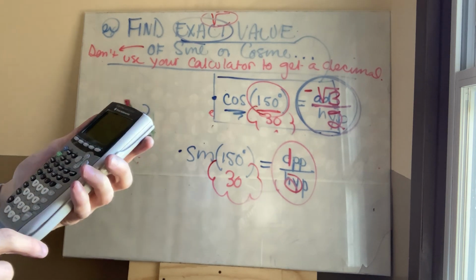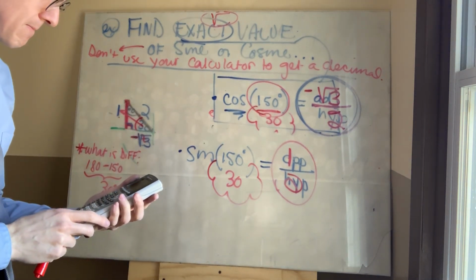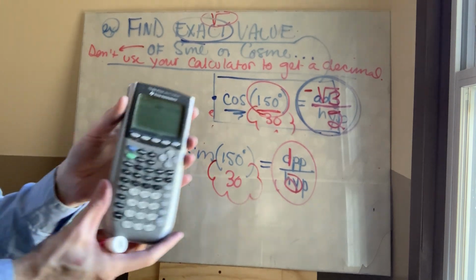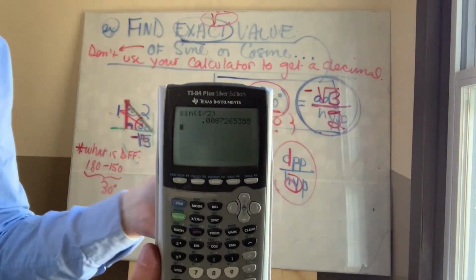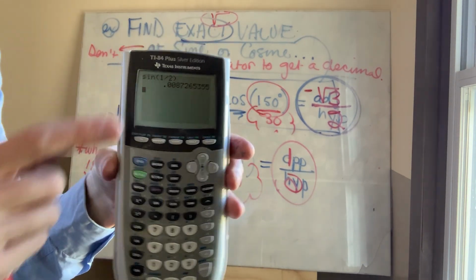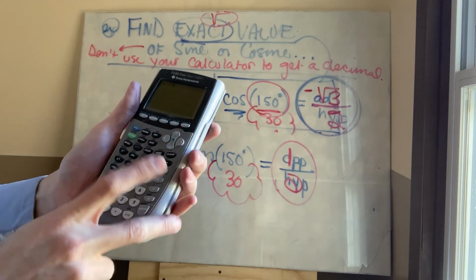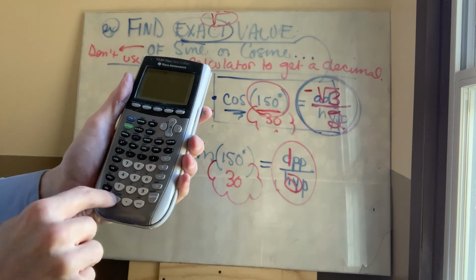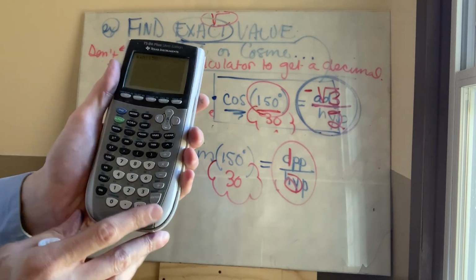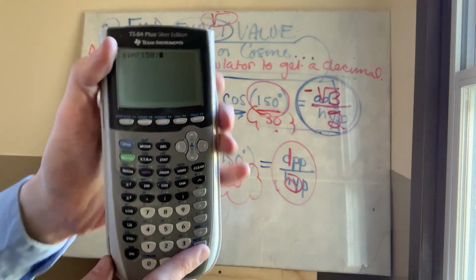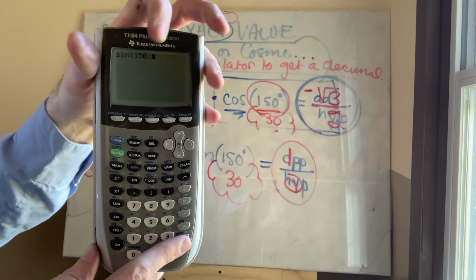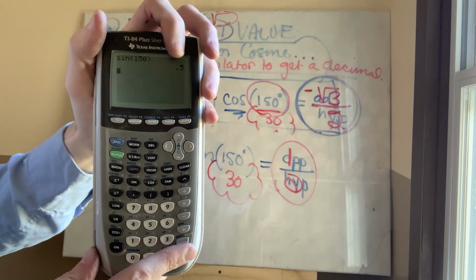Why is it giving me funny numbers? Oh, I'm sorry. Yeah, that's normal. 1/2 itself is 0.5. This is the correct decimal equivalent. Okay. I'm typing in sine of 150. Sorry. Forgive me. Put the angle in here. 0.5, 1/2.